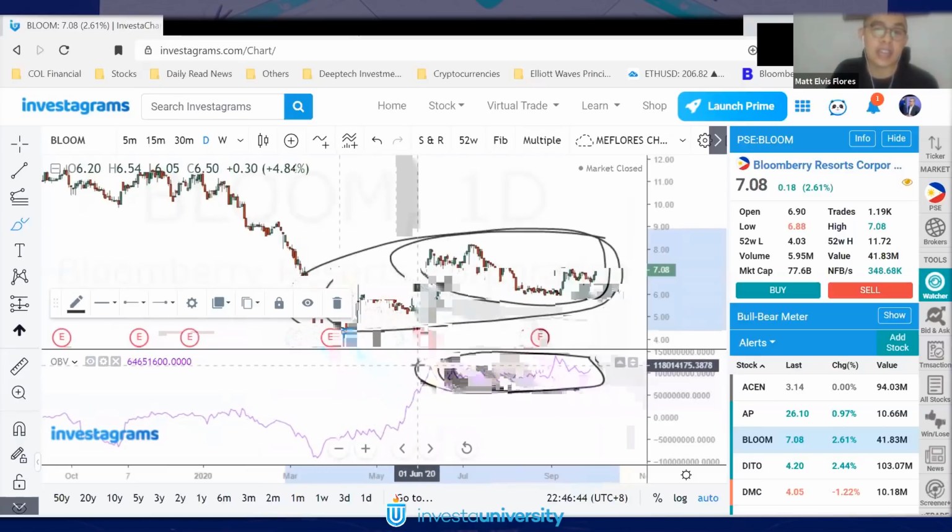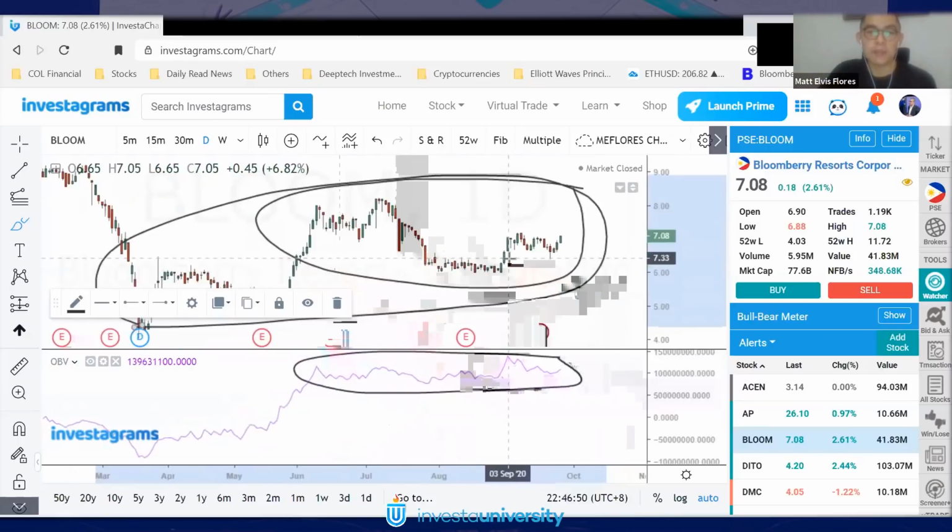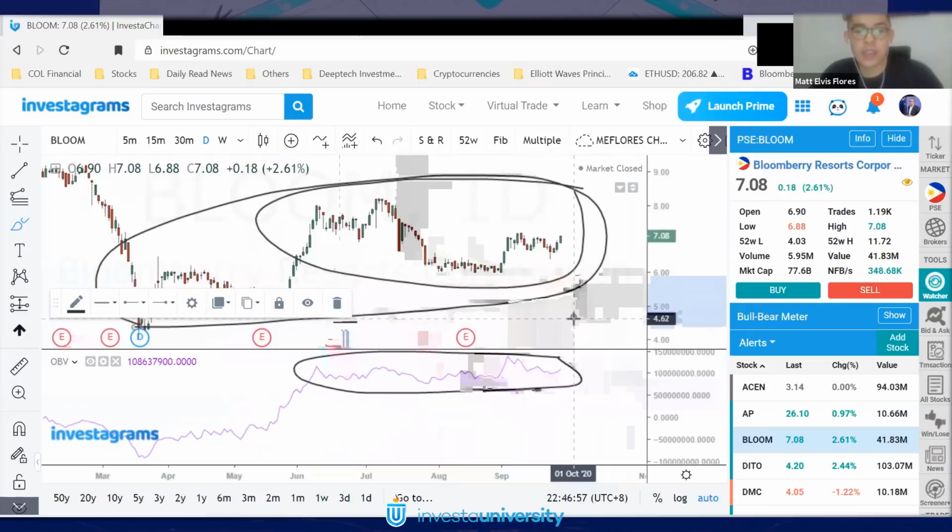Unlike yung sa tech kanina, di ba? Yung tech kanina is more of pababa, pero yung OBV mo, nasa tuktok lang. Di ba? Kasi it's a computation nito, it's more of a volume eh. So makikita mo meron nag-accumulate. So good to know na meron nag-accumulate sa blue.